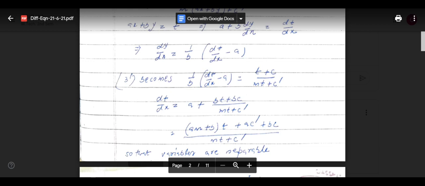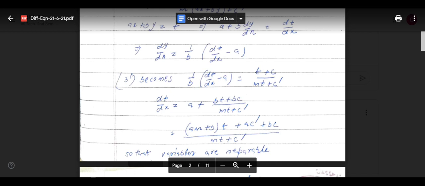Did you understand how we have found dt/dx, which is (am + b)t + (ac' + bc) over (mt + c')? Did you understand this part? Yes, ma'am. Everyone? Okay, so now you can use the variable separation method.